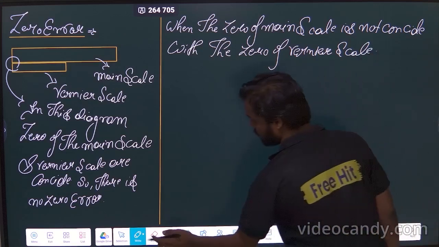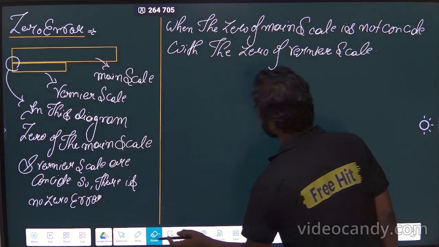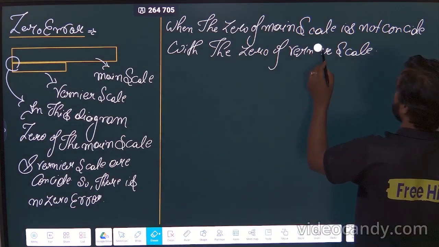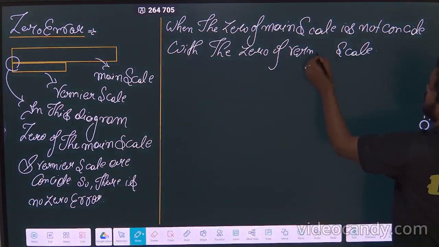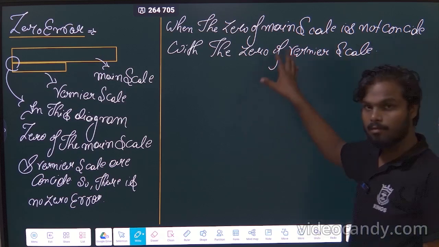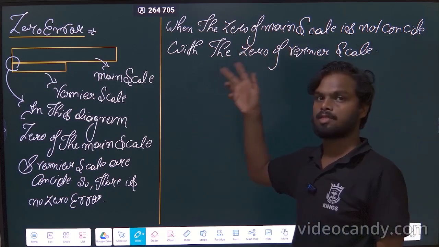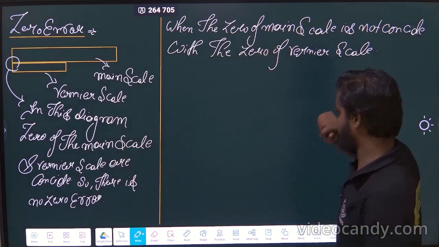Clear? When the 0 of the main scale is not going to coincide with the 0 of the vernier scale, it is called a zero error. Only then does the zero error occur.